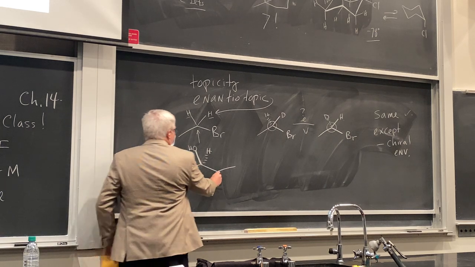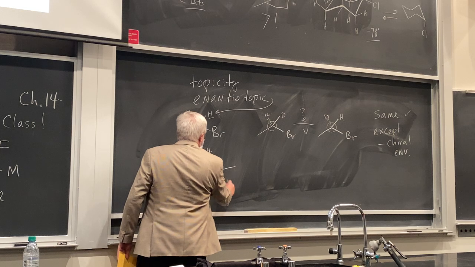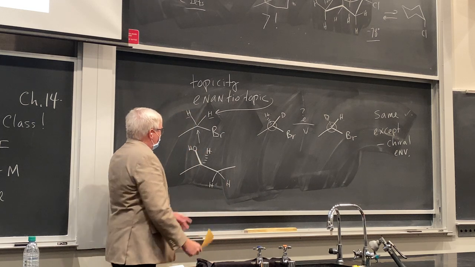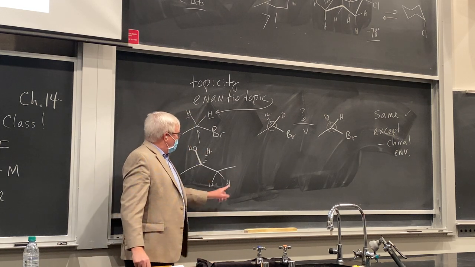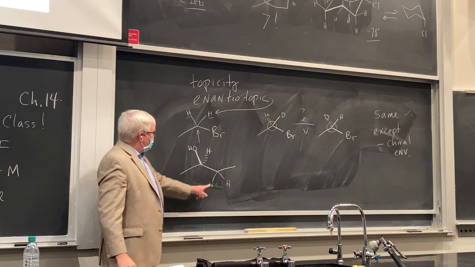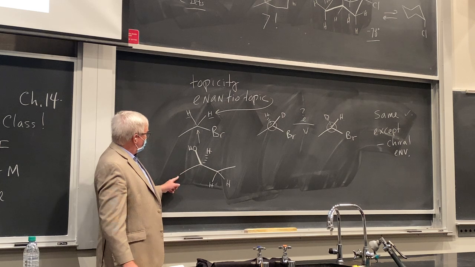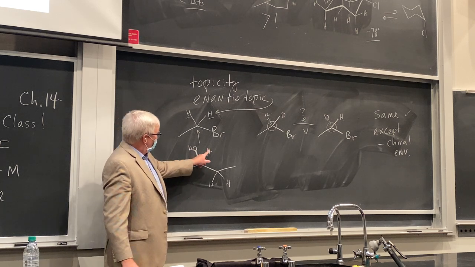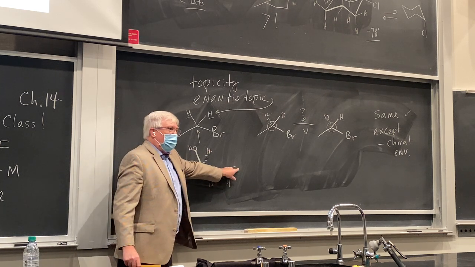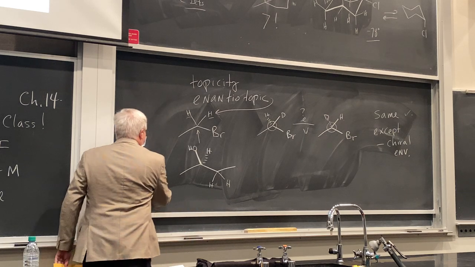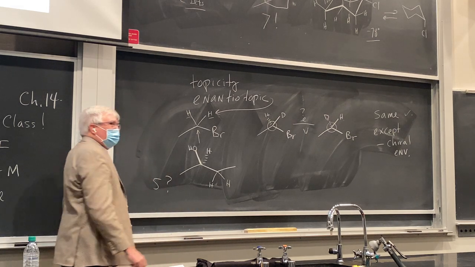What about these two hydrogens here? Now that's certainly a different set than this methyl. It's a different set than this methyl, different set than this methine and this hydrogen. So we might expect 1, 2, 3, 4, 5 sets, right? 5 sets?